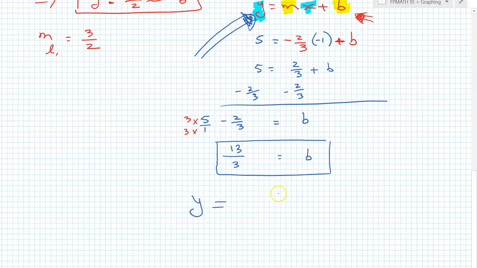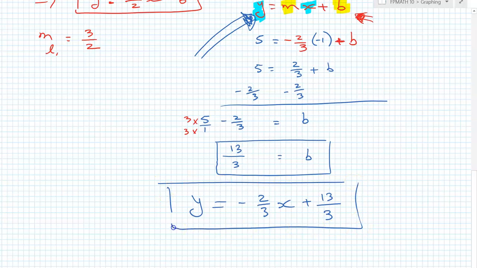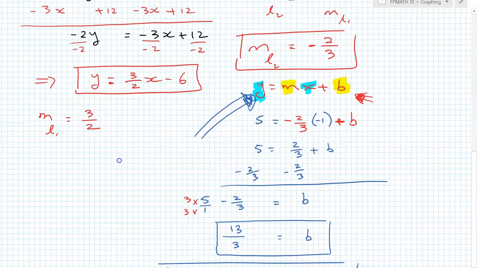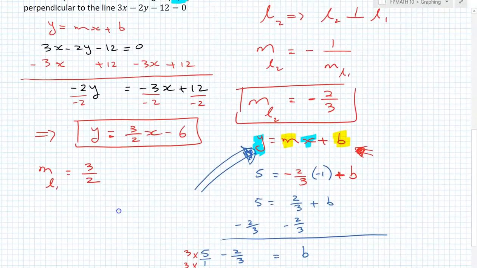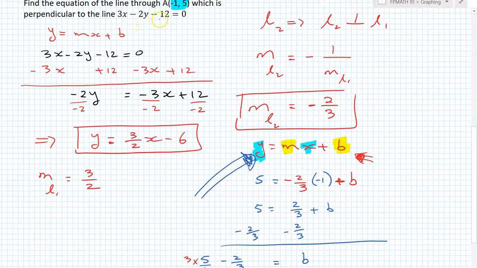Y equals m was -2/3 x, and then b was plus 13 over 3, and that will be your equation of the line that is perpendicular to the line that was given to you at the beginning, 3x minus 2y minus 12.